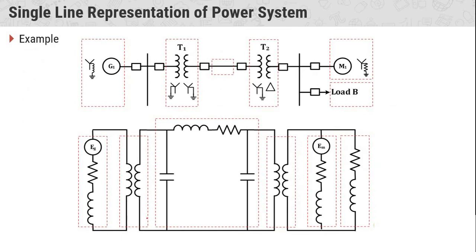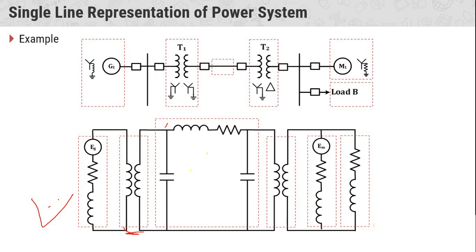Now, example: in an actual system, we can draw a three-phase system like this, and convert it to the single line diagram. This is a generator excitation voltage with the resistance and some inductance. Now this is connected with this transformer. Here this is the transformer primary, this is the secondary.